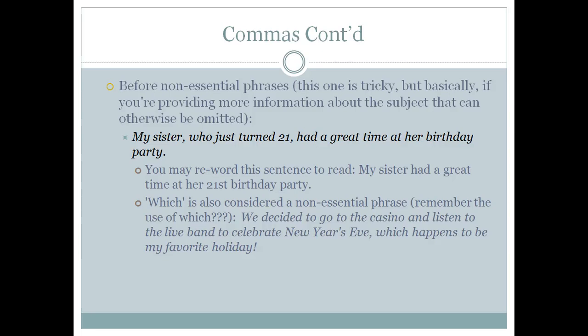Otherwise it could be omitted. Again, you can reword it too: my sister had a great time at her 21st birthday party. Here's a key: do you remember doing that and which? Which is also considered a non-essential phrase because you can eliminate anything that comes after the word which, and the sentence still means the same.